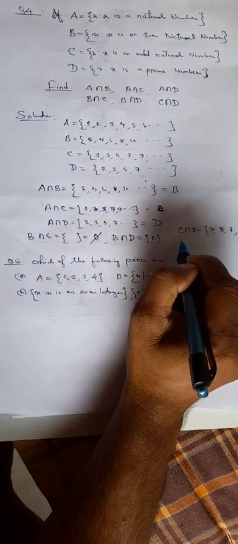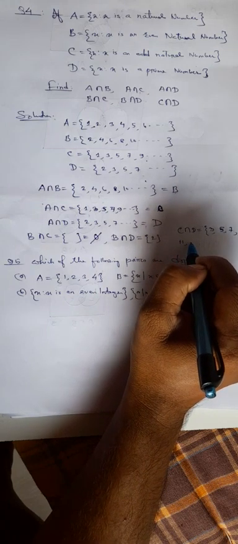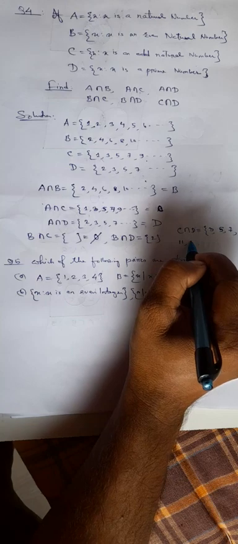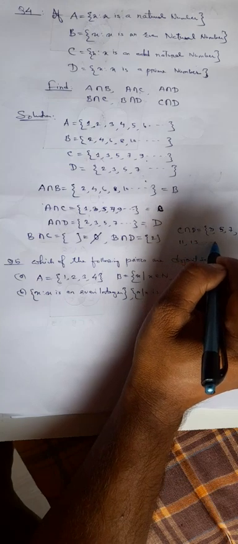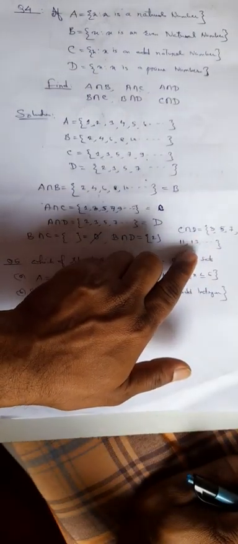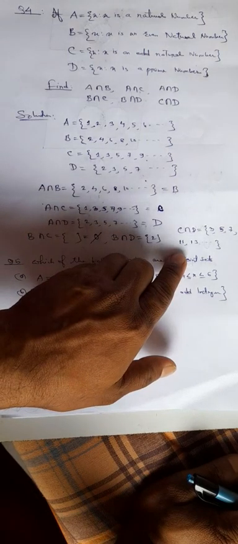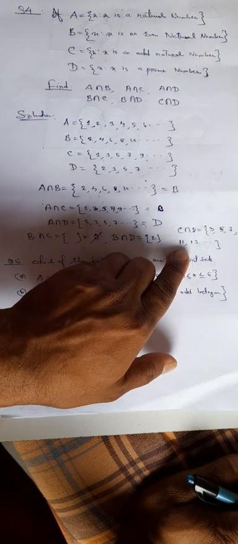Then 11 is common. Then 13 is common, etc. So you got this set. These are odd numbers, but they are prime, right? So C intersection D means the set of odd numbers, but they are prime. They are not composite.